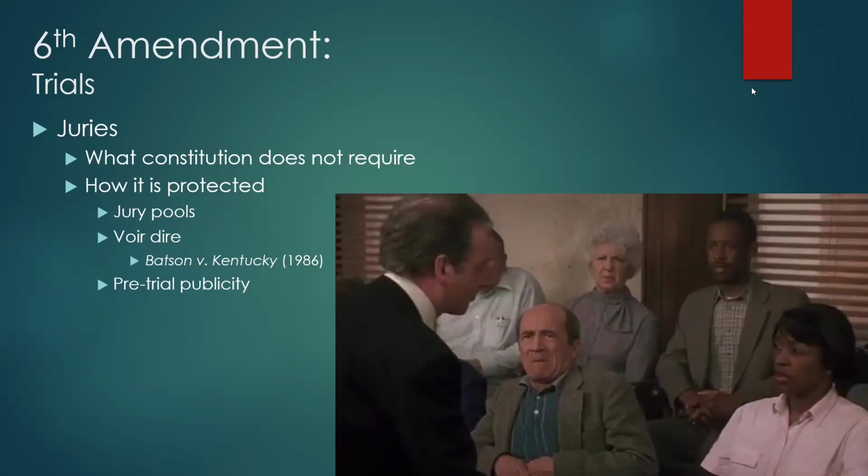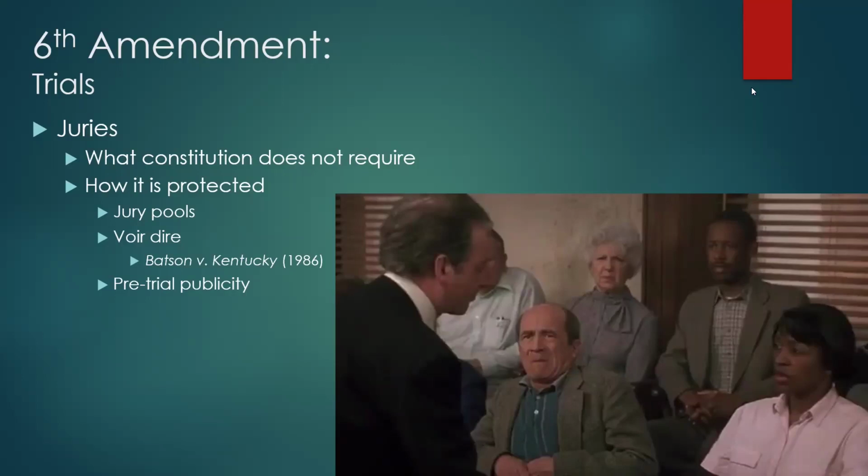The court is going to just consider the circumstances of the specific case, like the size of the community. Is it a little tiny town where everybody's reading the newspaper, and the newspaper has essentially indicted the defendant and convicted the defendant before he's even had a trial?